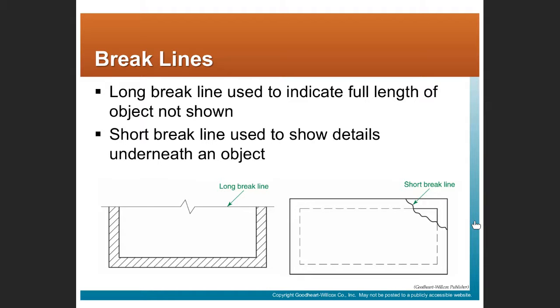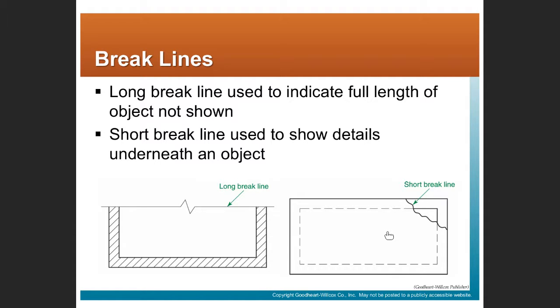Right, a long break line, in this case, indicates that we're not showing the full length of that object, right? We're showing part of the object, but there's more of the object up here that's not shown. This short break line means that we're looking at some detail of that object below the rest of the drawing proper.